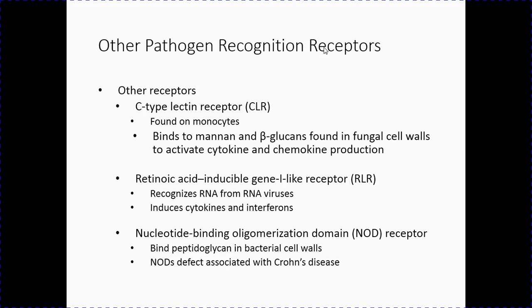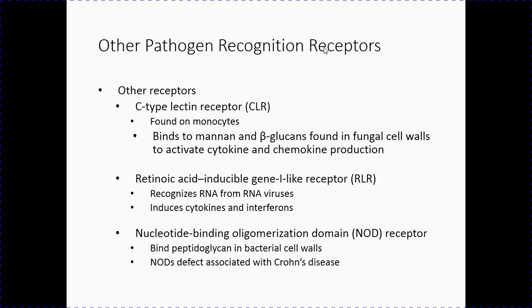And this is going to activate certain cytokine and chemokine productions that are going to result in the phagocytosis of those fungal cells. The retinoic acid inducible gene 1-like receptor, or the RLR, is one that recognizes RNA from RNA viruses, and it too will induce cytokines and interferons.